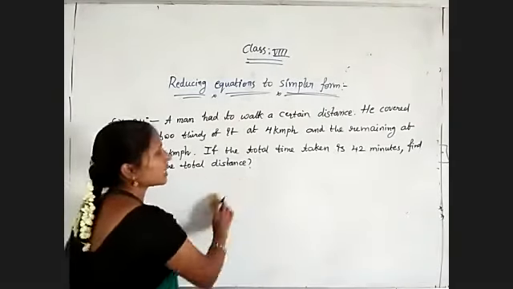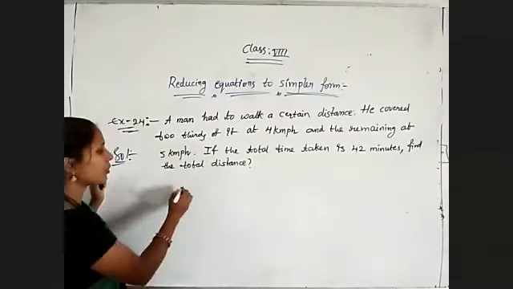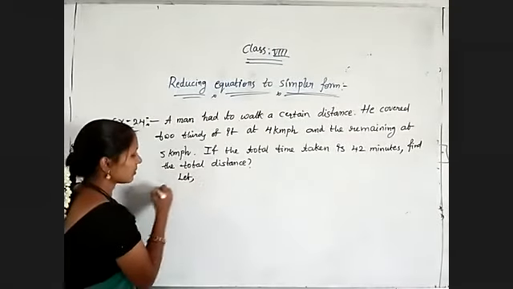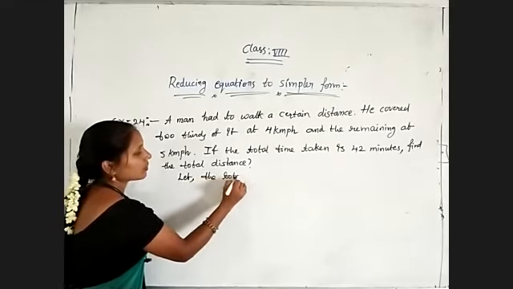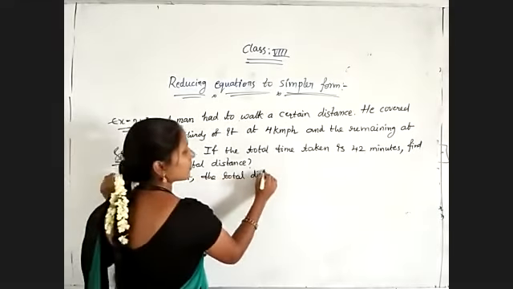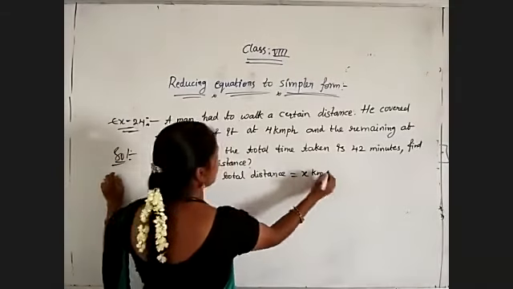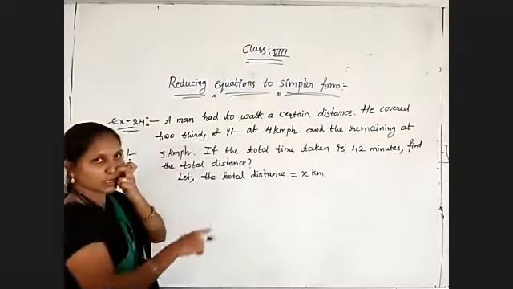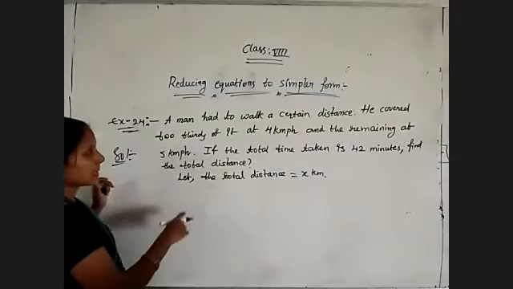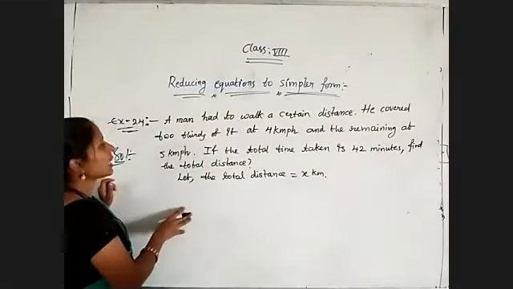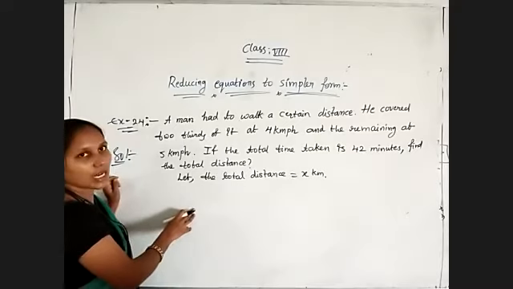It is very clear that the distance is divided into 2 parts. So let the total distance be x kilometers, because the speed is given in kilometers per hour. He covered 2/3 of it at 4 kilometers per hour.